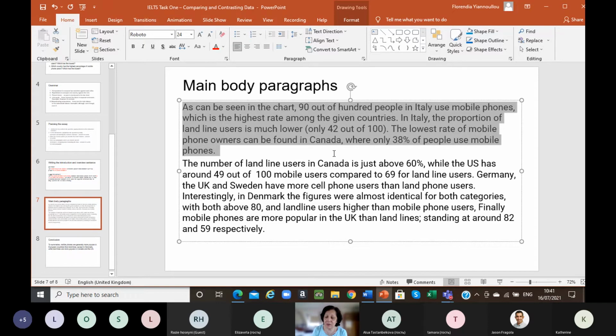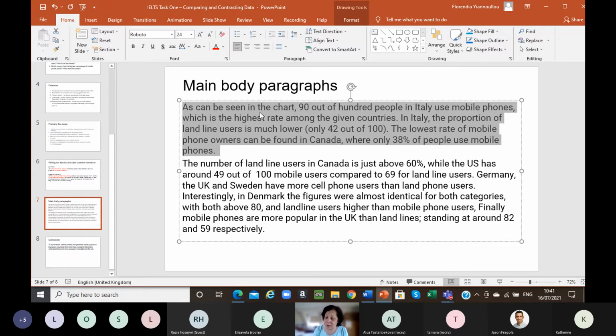And again, you're not using the same sentence structure and vocabulary to describe each thing. 90 out of 100, 38%, you're varying that, and you are referring to the chart all the time. Now, if you have personal knowledge, say, for example, say you said you're from Russia, and maybe you've got personal knowledge about how many people own phones, but it doesn't say it in the chart, you don't put it in this essay. You only describe what you see.